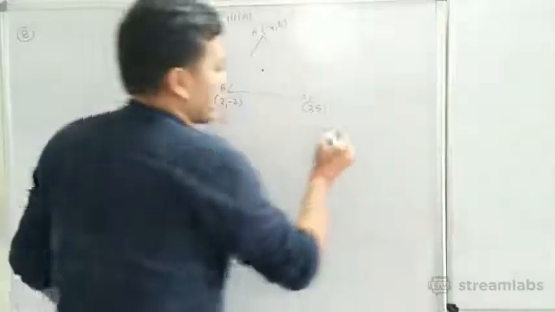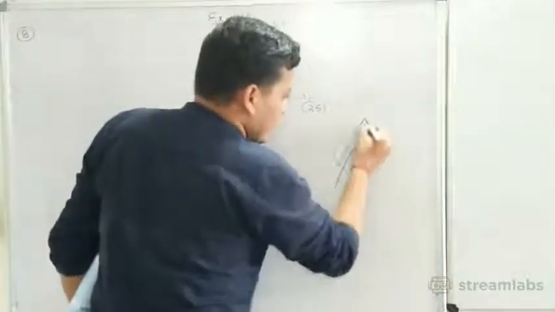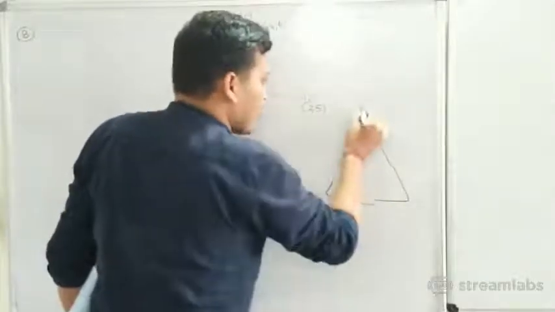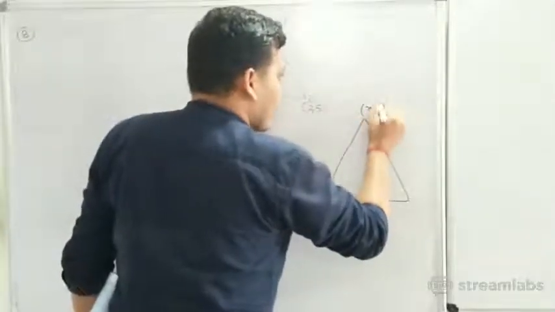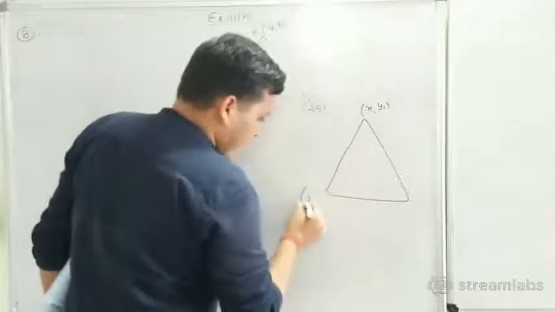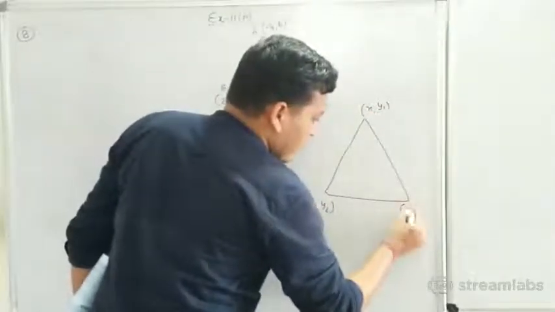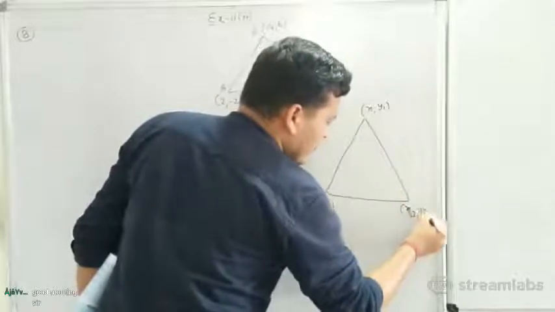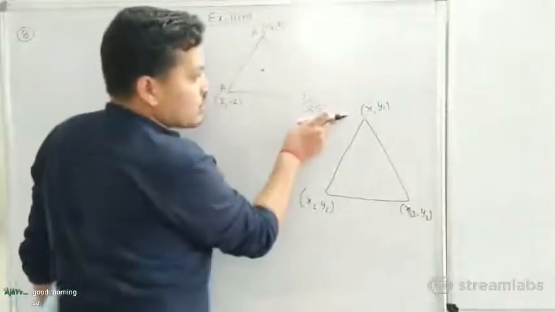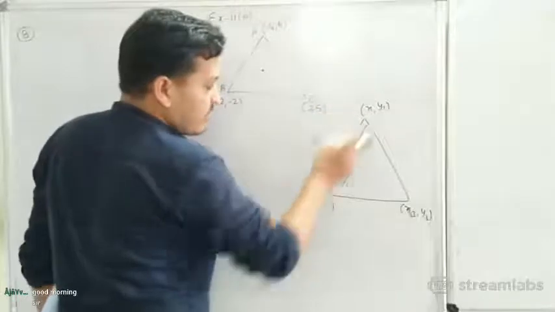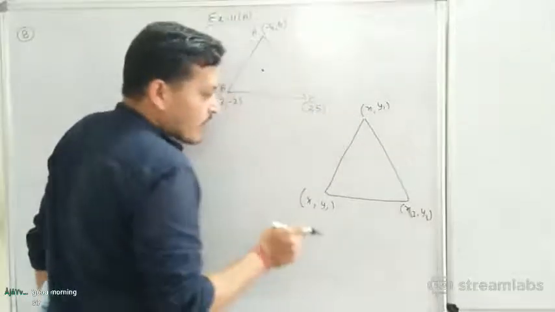So centroid means, suppose a triangle whose vertices have coordinates x1, y1, x2, y2, and x3, y3.